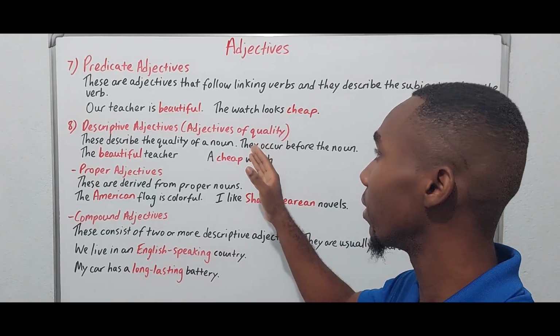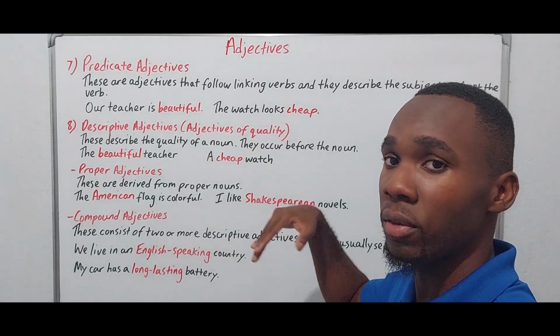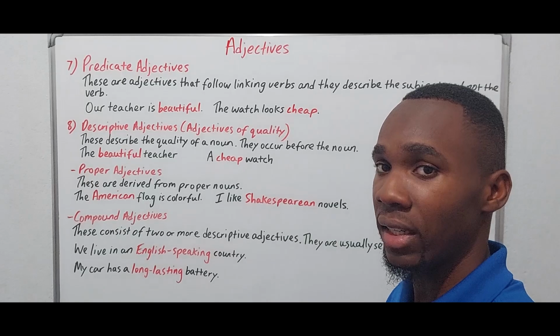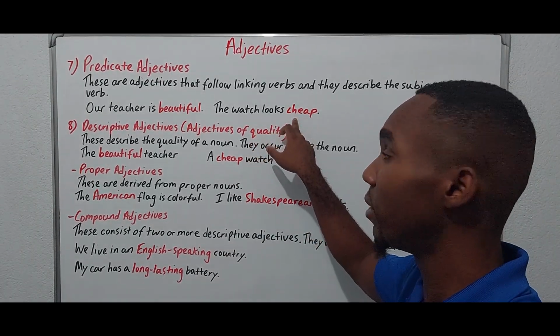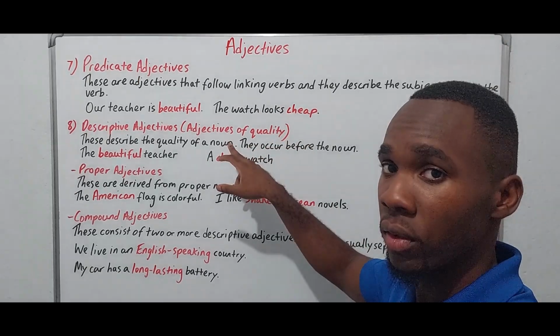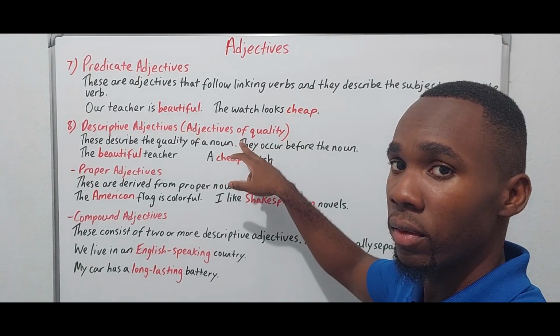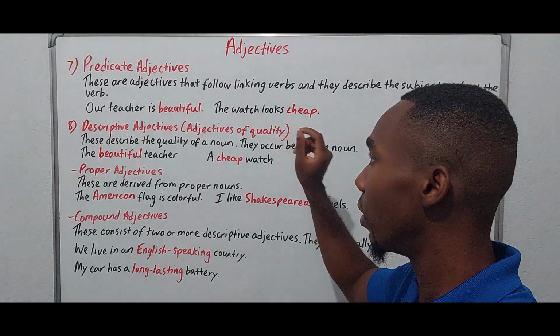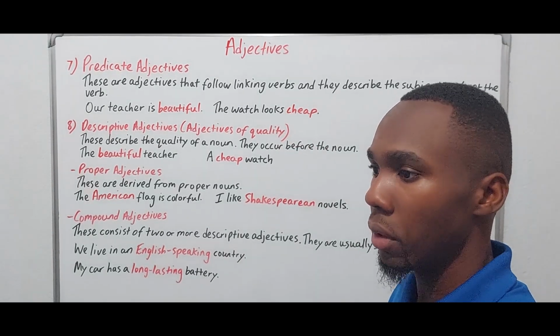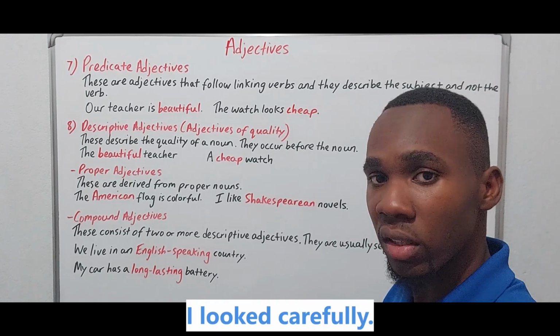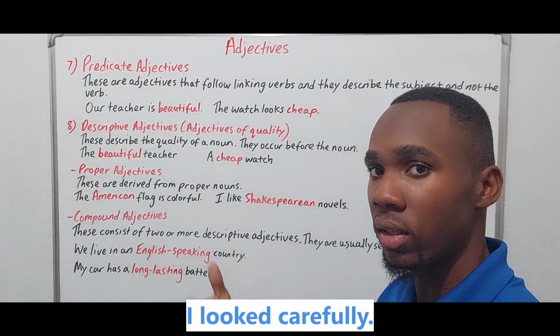In this context, the verb to look is going to be a linking verb because it describes the appearance of the watch, right? Now, if we wanted to use look as an action verb, we would say, I looked carefully.